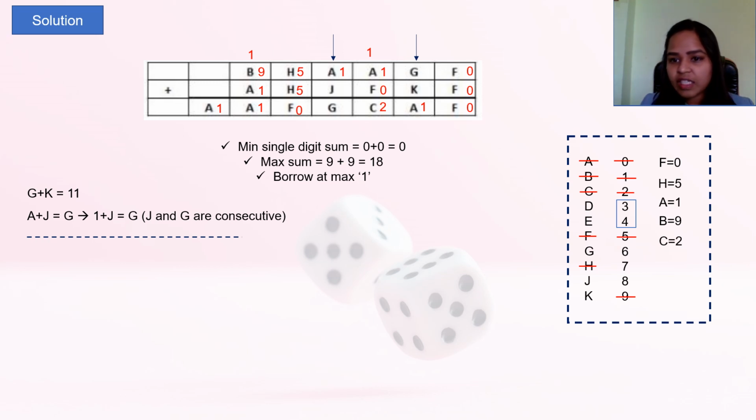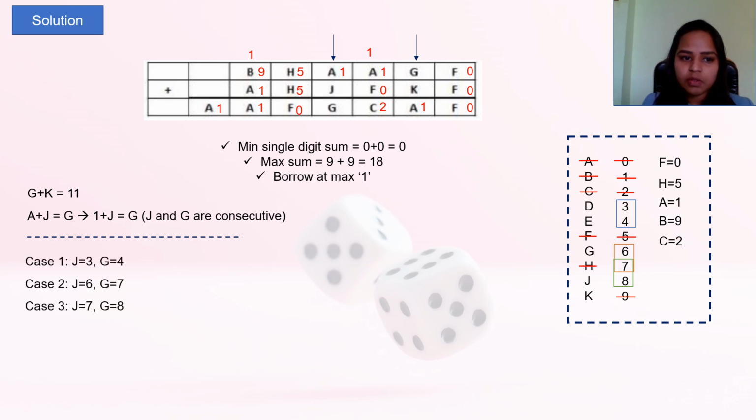So one possibility is J equal to 3 and G equal to 4. The other possibility is J equal to 6 and G equal to 7. And the other possibility is J equal to 7 and G equal to 8. So let's write down all these possibilities. Taking these into consideration, if J equal to 3 and G is equal to 4, in that case K is equal to 11 minus G, that is 11 minus 4, that is 7.